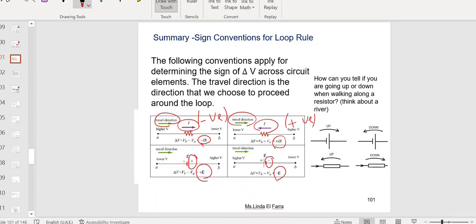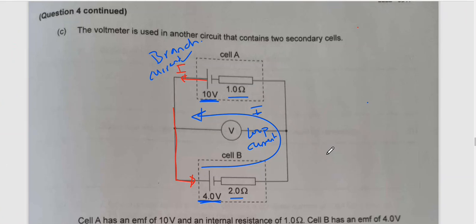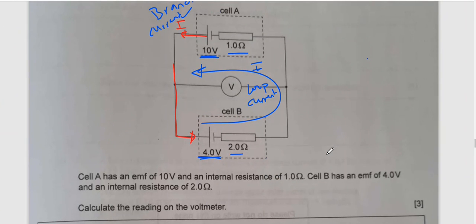Let's go back to our question. Here, the loop current goes in the same direction as the branch current in the internal resistance. So the summation of the voltages will equal 0, minus I times 1.